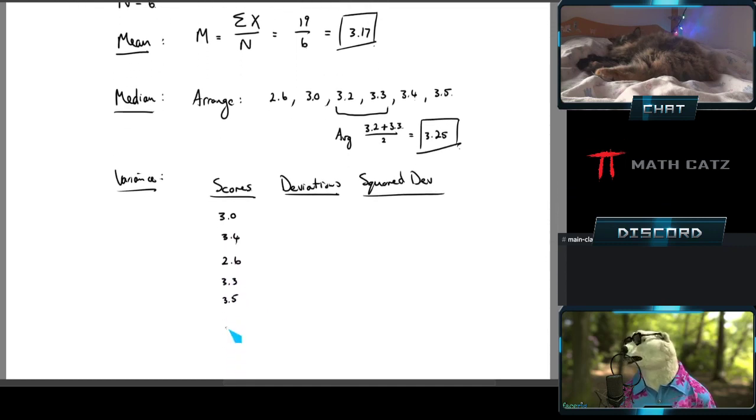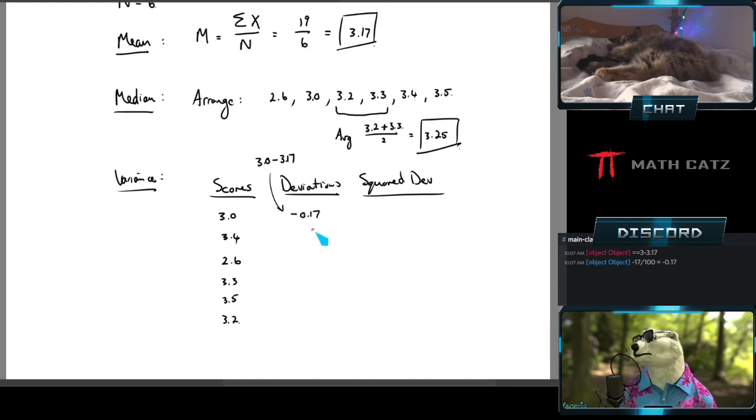Squeeze in 3.2. Now for the deviations, I will just clarify one of them: the score minus the mean. I'm not going to write all of them out, we just need to calculate them. 3 minus 3.17 is negative 0.17.